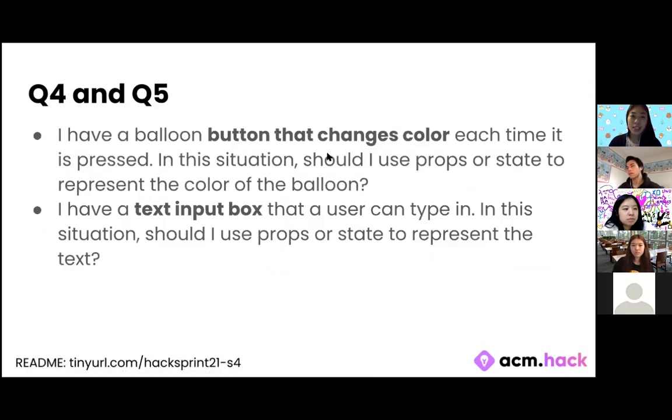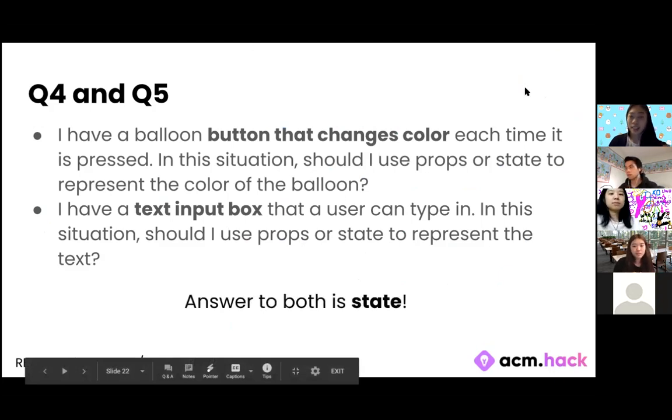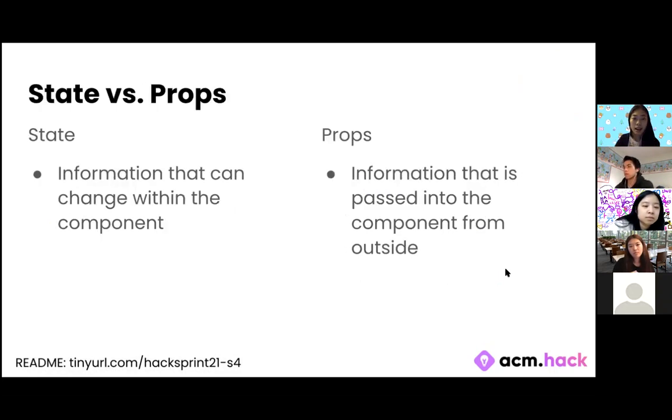And then the last two questions, a button that changes color and a text input box. This is pretty tricky. The answer to both of them is state, because state is something inside a component that can change versus props, which is passed into the component from outside.